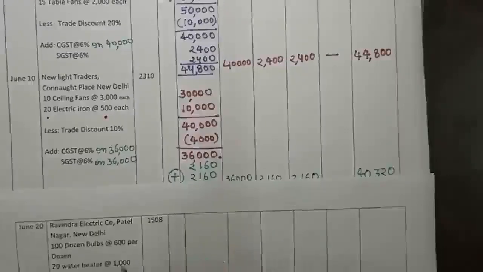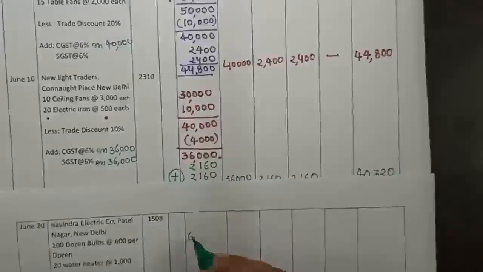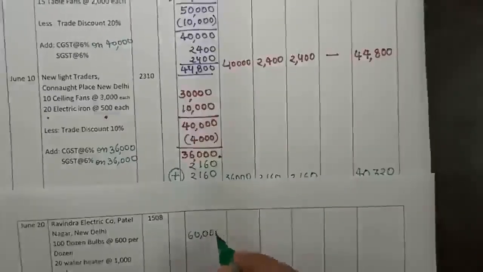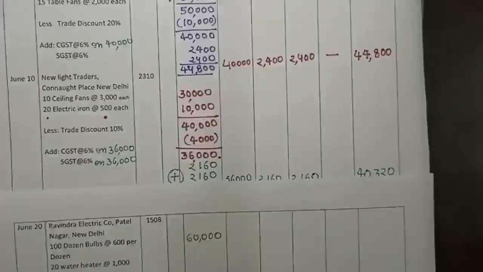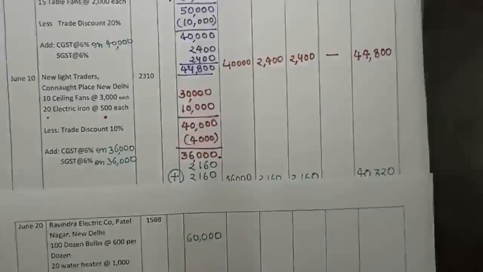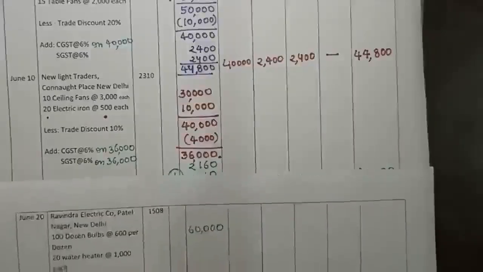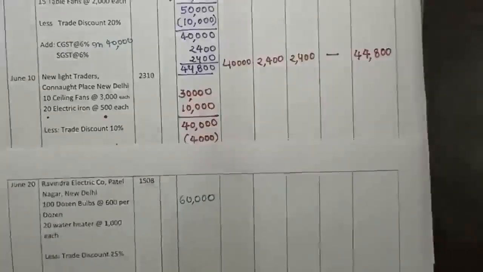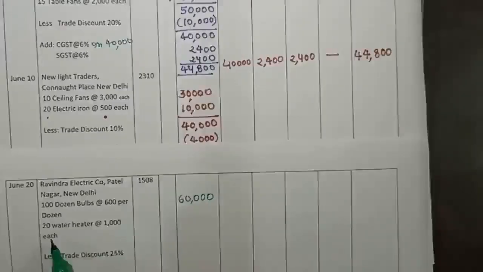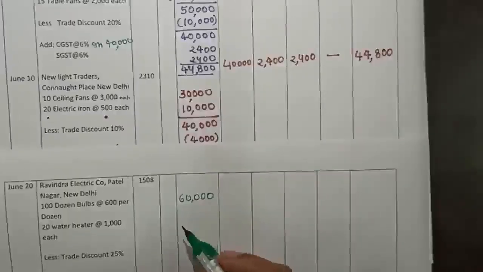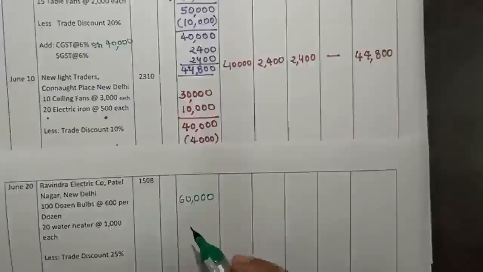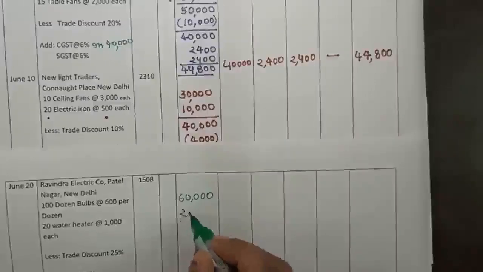So it will be again the same, multiply it, we will get rupees 60,000. Now 20 water heaters at the rate of rupees 1,000 each. So the total cost of 20 water heaters, what do we do? 20 multiplied by 1,000, it will be 20,000 rupees.